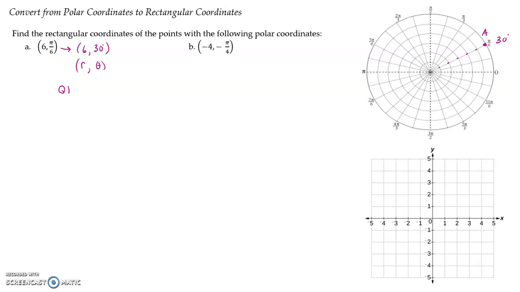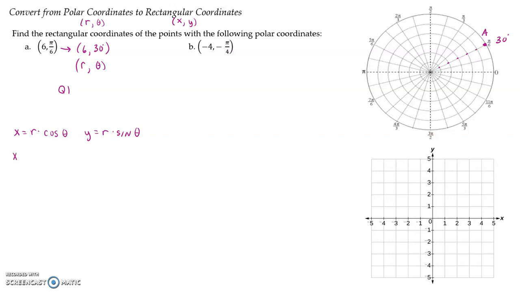Okay, so let's go ahead and convert this to rectangular coordinates. Remember that your rectangular coordinates are the ones where you have the x and the y value. Polar is where you have the r and the theta. So let's get our equations first. Remember that x is equal to r times cosine of theta, and our y value is equal to r times sine of theta.